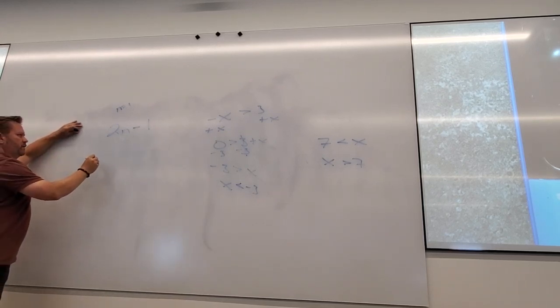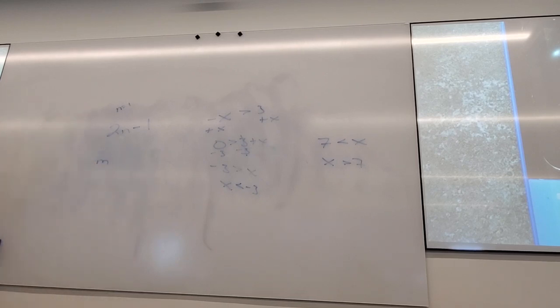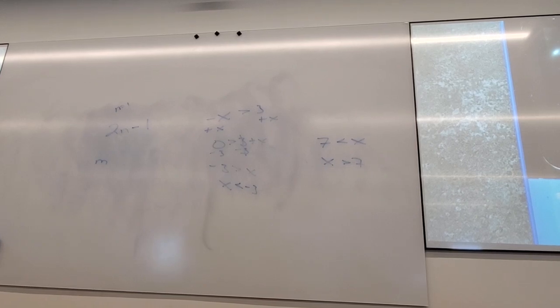So let's see, give me a counting number. M, there you go. What's the number right before that? M minus 1, good. So everybody with me? Minus one is the number before any letter, right?